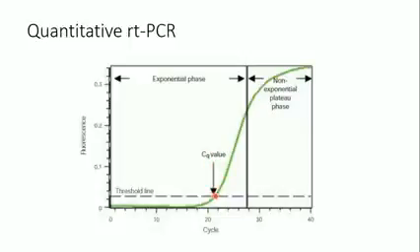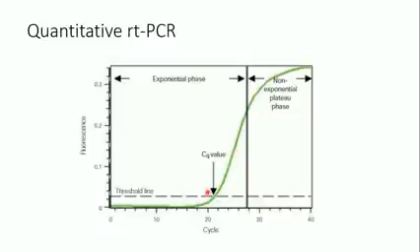It's called the threshold cycle. The threshold cycle is the cycle at which the amplification curve intercepts with the threshold line. So the intersection between the amplification curve and the threshold line is called the CQ or CT, the threshold cycle.